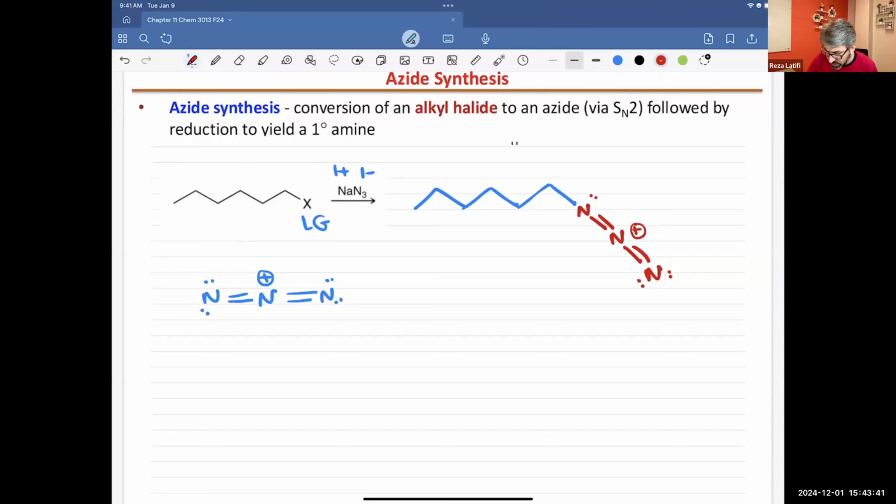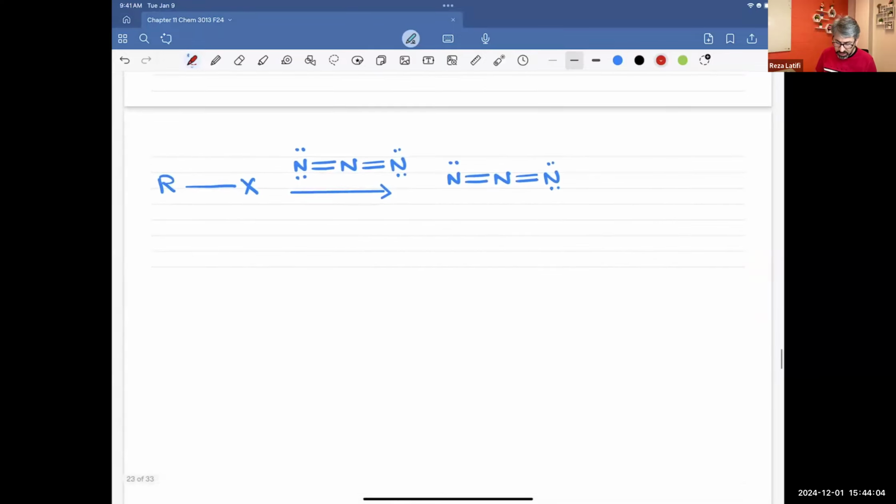X left the system with a negative charge, or you can say those 2 electrons were taken by X. That's going to be the first intermediate. Technically, you can take that intermediate and work on it to turn it into a primary amine. Okay, let's go after this one.